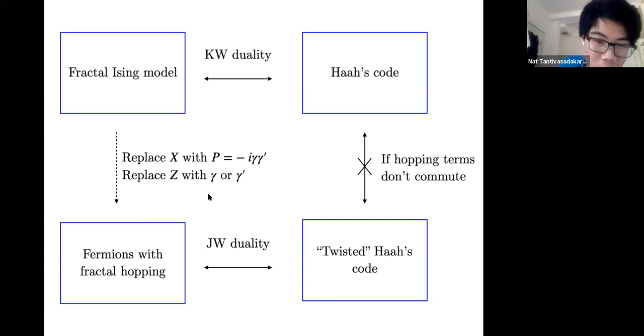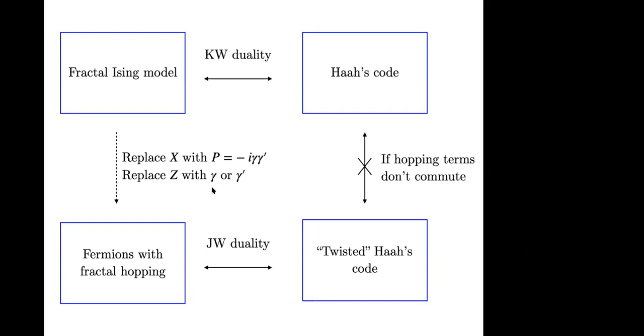But in the end, that doesn't quite affect the duality, because whether I choose gamma or gamma prime, it only differs by fermion parity. So I can always replace whatever duality I get. If I replace gamma with gamma prime, I just need to attach this P in. So I just need to attach whatever operator is there. Okay, thanks.